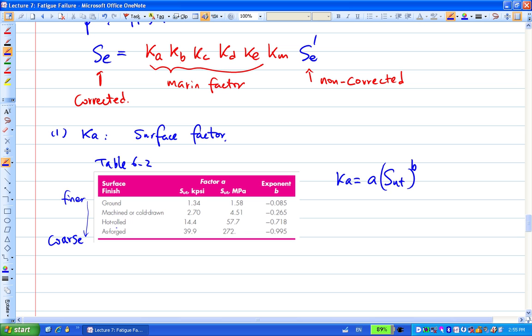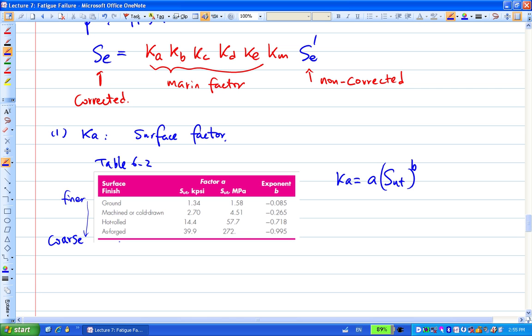So the reason is this. You have a very rough surface, that's what it is for the parts. Compared to a very fine surface part, which one will be more prone to failure? The very rough one, right?